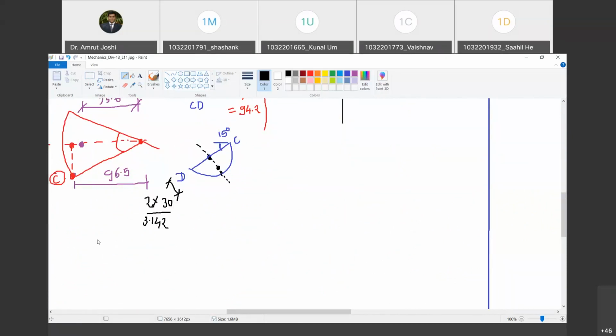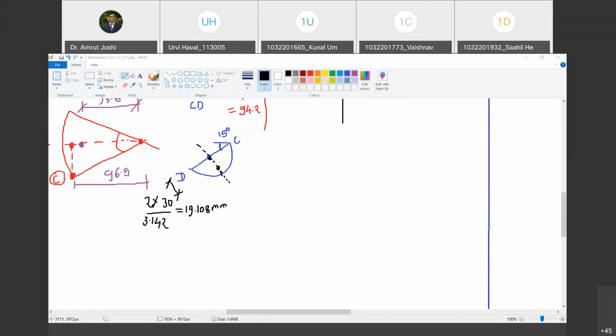Tell me how much is this distance? 19.108 mm. Happy? Now with reference to C, I have to locate this centroid. So how do I do that? This distance is 19.5.